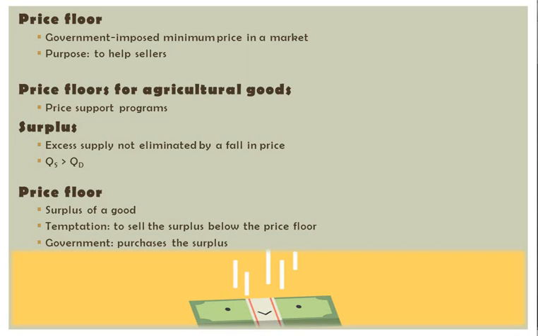So, surplus. So, excess supply not eliminated by a fall in price. So, kapag may price floor tayo, nagkakaroon tayo ng mas excess na quantity of supply. So, the temptation is to sell the surplus below the price floor.